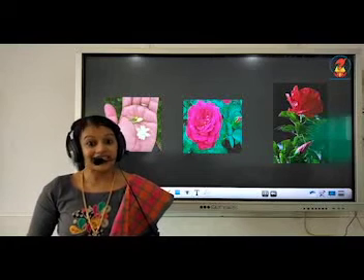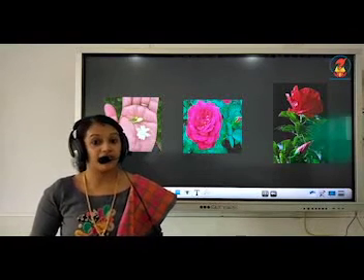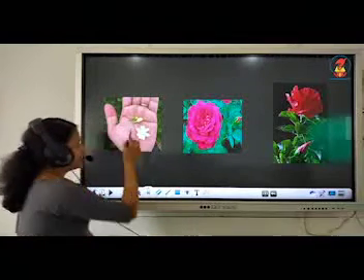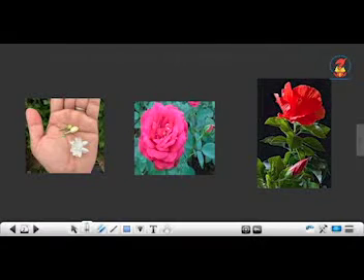Flower is actually formed from the bud that you can see on the stem. Here in this picture, I have shown the bud. This bud will bloom into a flower after some time. Here also you can see a bud.